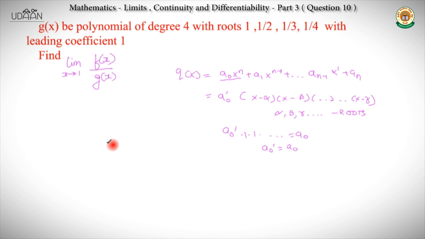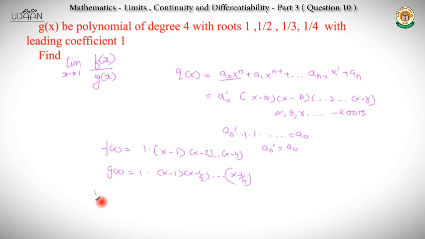Okay. So our f of x becomes leading coefficient, which is 1, into x minus alpha, which is 1, right, x minus beta, which is 2, so on till x minus 4. Yes. And g of x becomes 1 times x minus 1, x minus 1 by 2 and so on till x minus 1 by 4. Exactly. Okay.